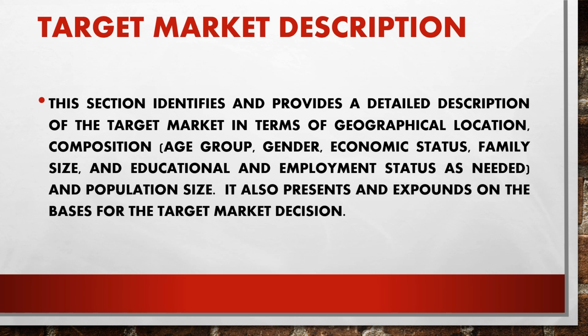If you will be producing industrial goods, or goods that will be used by other businesses, you have to clearly identify the set of businesses or the industry that you're going to target in your target market description.